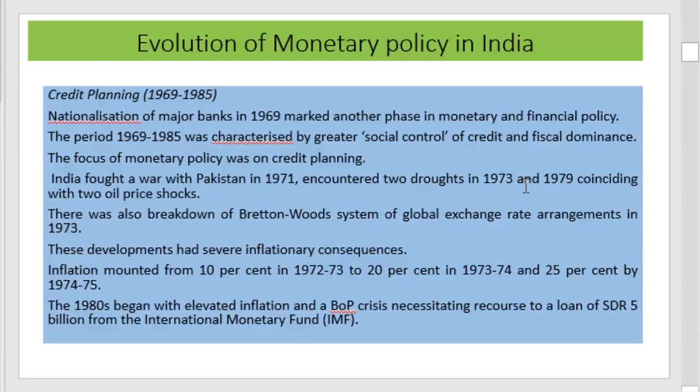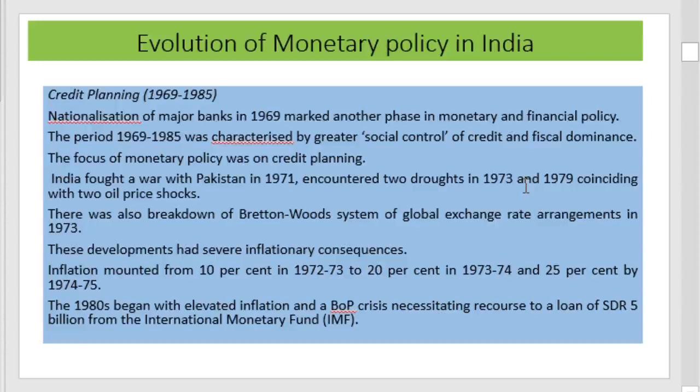The focus of monetary policy was on credit planning. During this period, there was war with Pakistan in 1971, two droughts in 1973 and 79, and two oil price shocks. There was also a breakdown of the Bretton Woods system and of the global exchange rate arrangement in 1973.